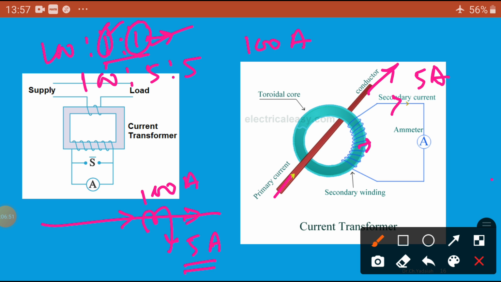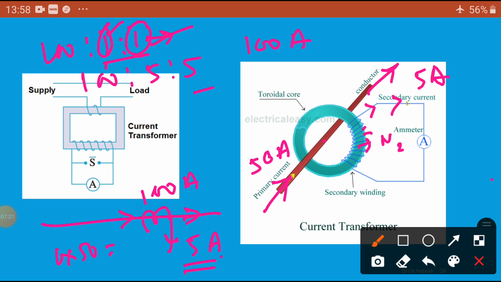Here the current flowing at present is only 50 amperes. So what is the flux produced in the primary? 1 turn into 50 amperes, that is equal to 50 mmf. Now on the secondary, you can see N2 number of turns and the corresponding current. The CT ratio is 100:5, so whenever 100 amperes flows, 5 amperes develops.